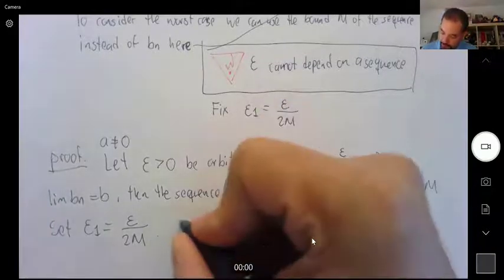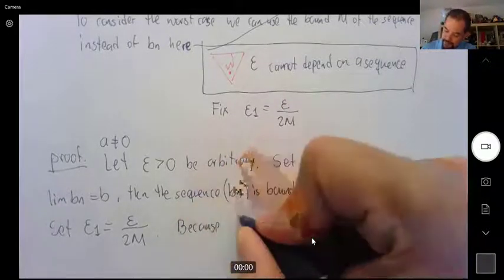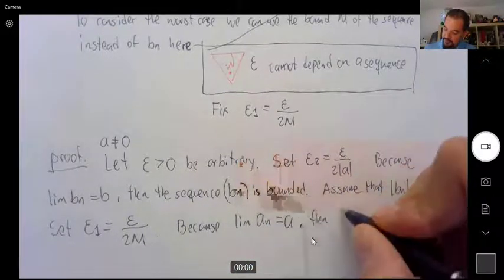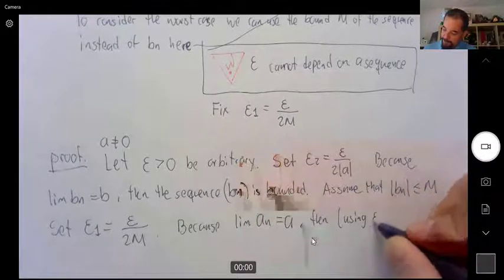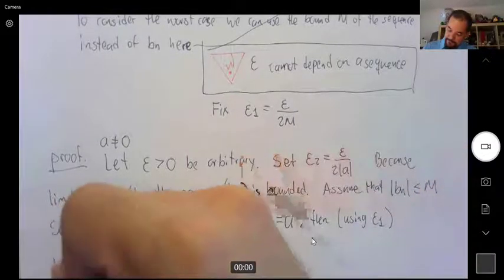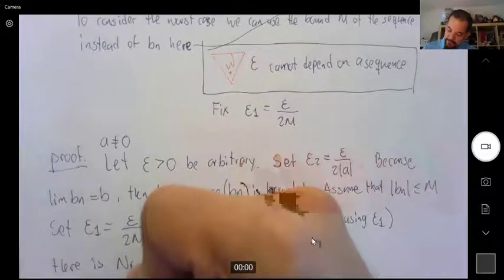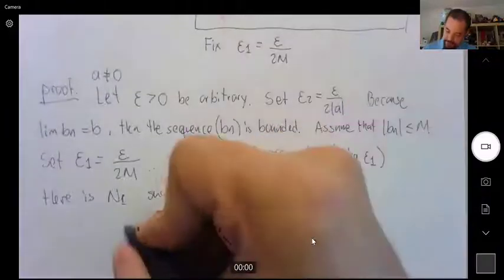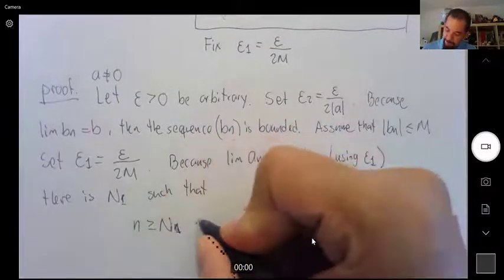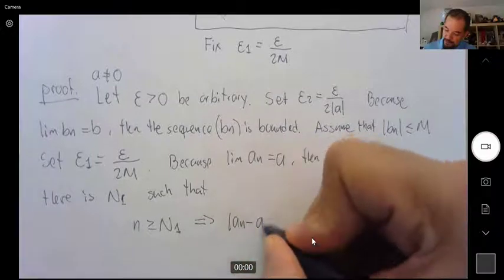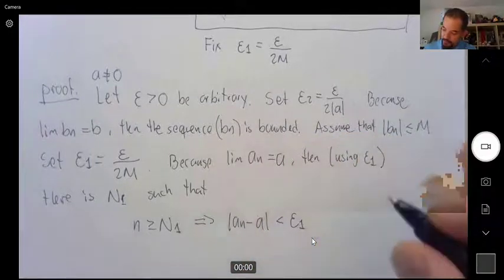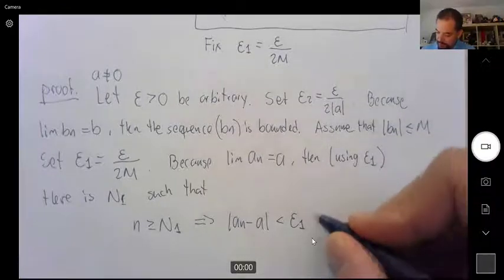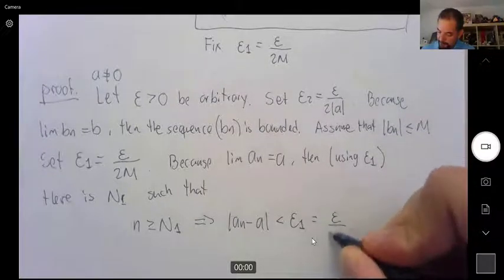Good. Now, because the limit of an equals a, then, and here we're using epsilon1, there is capital N1 such that if little n is bigger than capital N1, then the absolute value of an minus a is less than epsilon1. And remember, epsilon1 is epsilon over 2M.